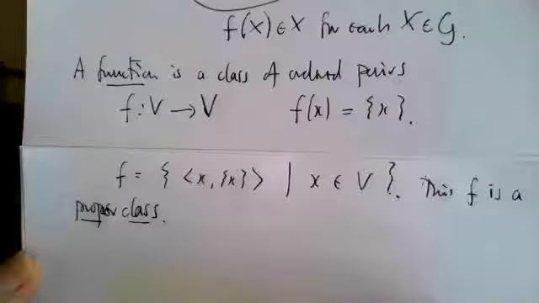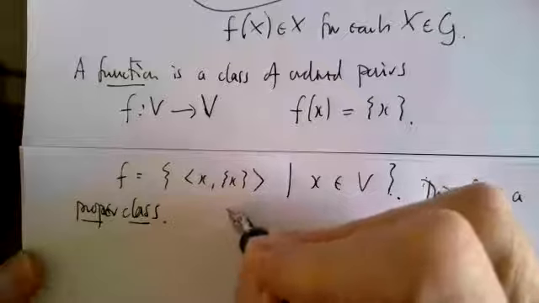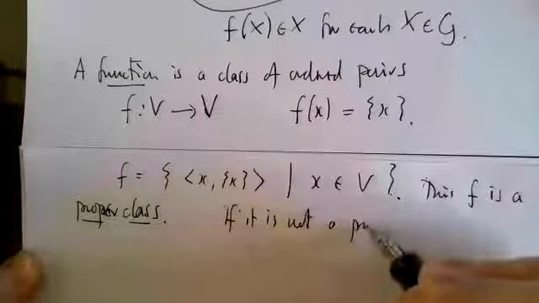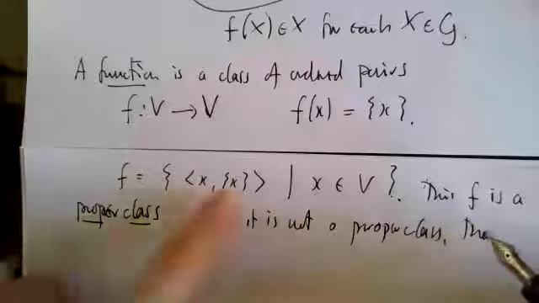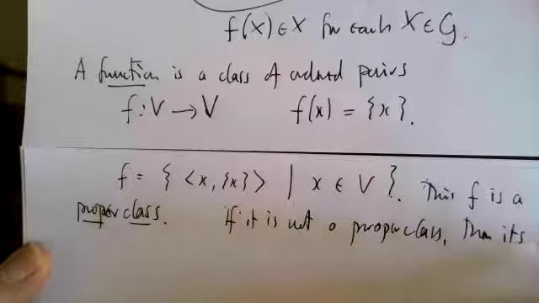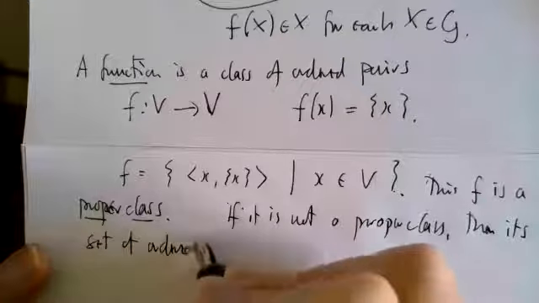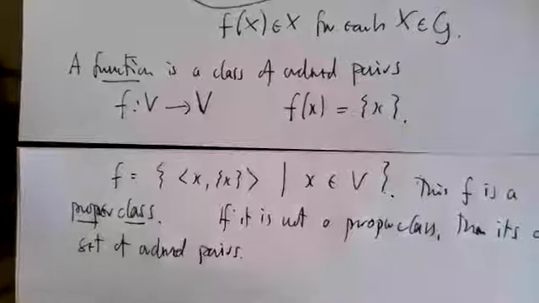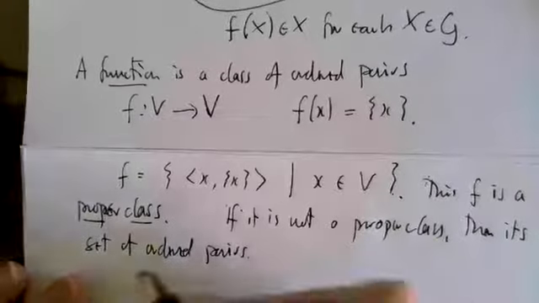But if it's not a proper class, then a function is always a set. So if it's not a proper class, then it's just a set of ordered pairs. So in some sense, there's no difference between a function that is a set and one that defines something by transfinite recursion.